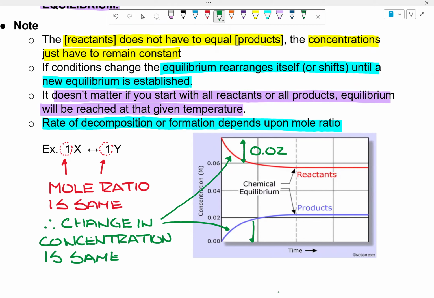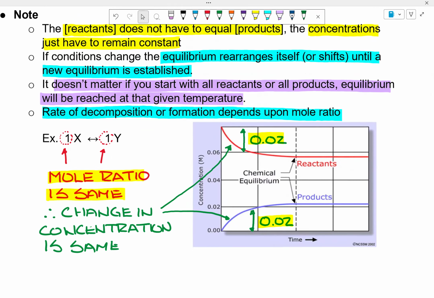Here, not particularly accurate, but this is also 0.02. So why are these numbers the same? The change in concentration is the same because the mole ratio is the same. So the change in concentration is dependent upon the mole ratio. And since this is a 1-to-1 ratio, the change in concentration is also the same.